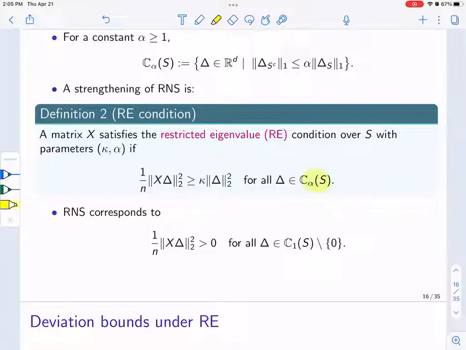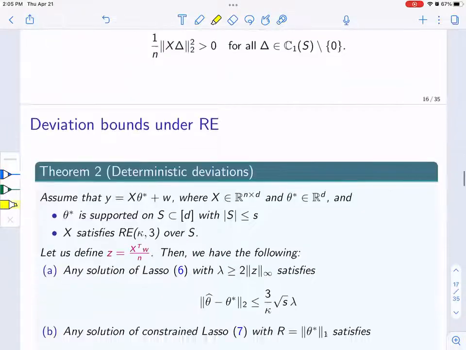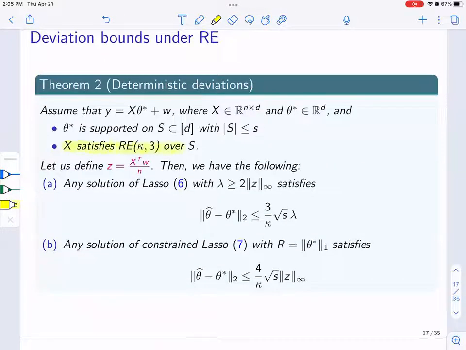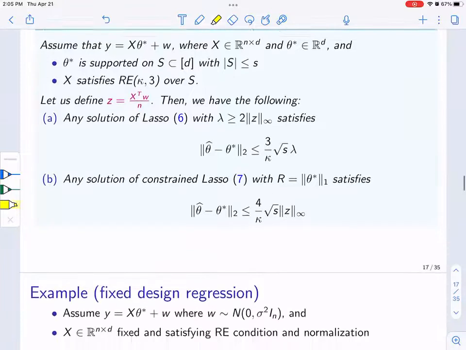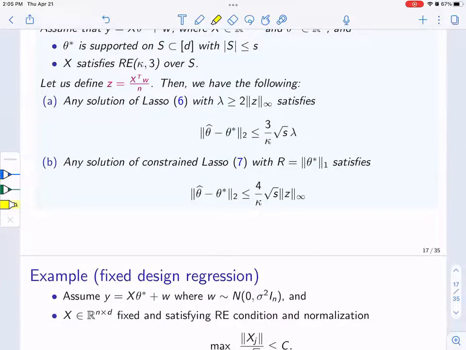The support that we're using in that condition is the support of theta star. So if we know that this holds over S, which contains the support of theta star, and S has cardinality bounded by s, and if I define Z to be X transpose W over n, any solution of the Lasso problem with lambda bigger than this quantity satisfies this bound, and a similar bound holds for the other problem if I take R star to be the L1 norm of theta star.